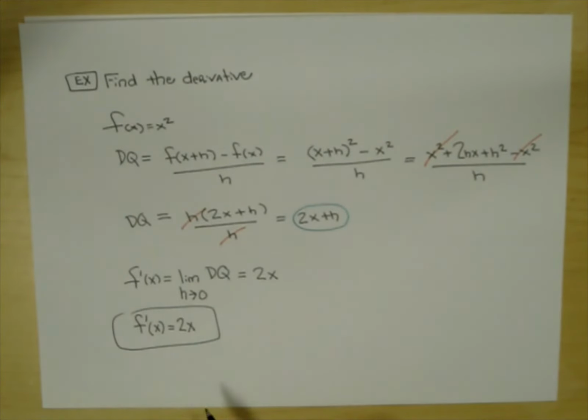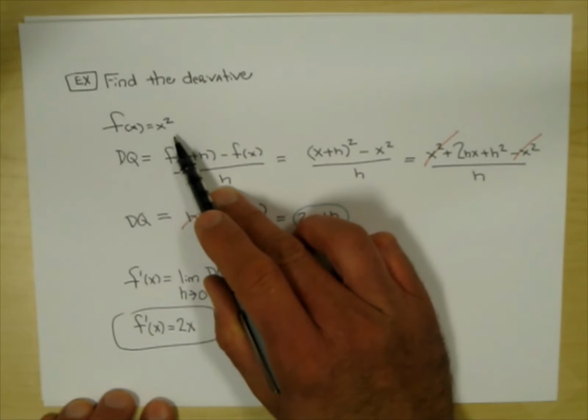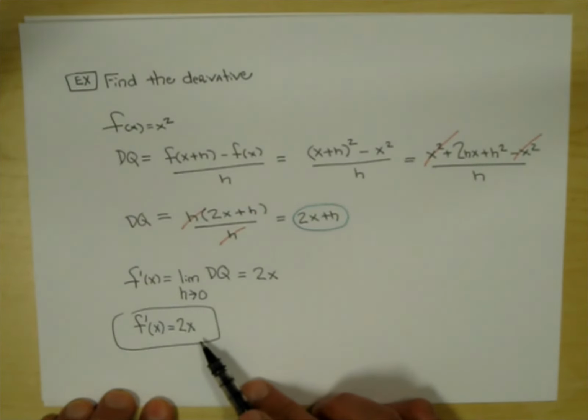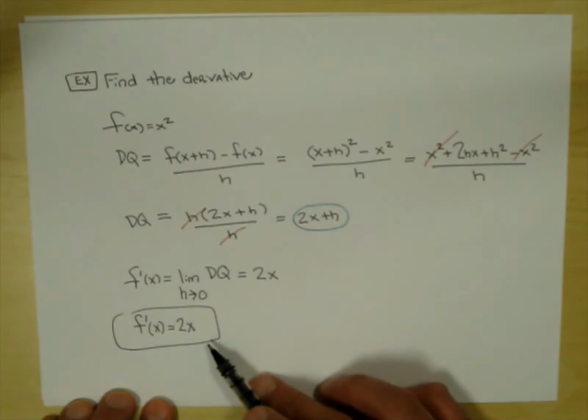Okay, so here's the deal. We have a parabola. The derivative of a parabola happens to be, what is this creature? A line. That will always be the case. If I gave you any parabola, the derivative would be a line.